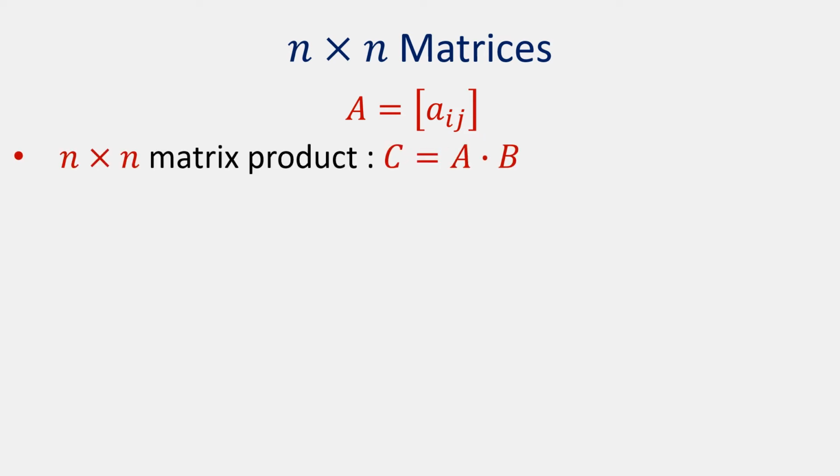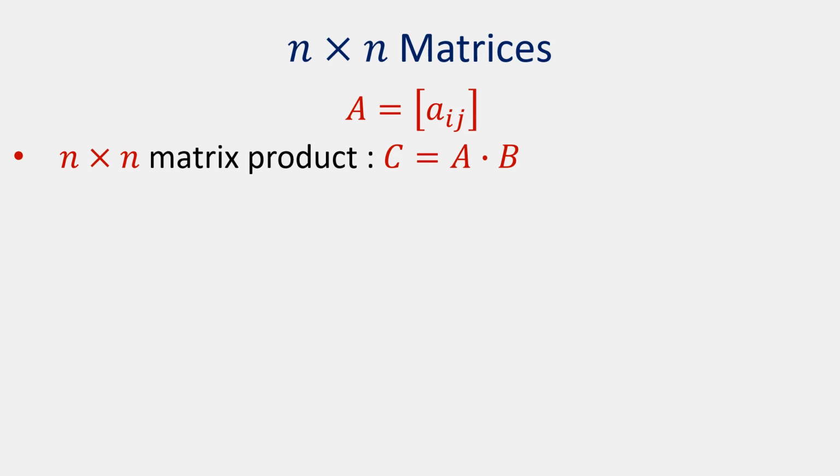In general, we have a very similar process for arbitrary matrices. For n by n matrices, we denote an arbitrary matrix using this notation. We enclose the value in the ith row and jth column in these square brackets.